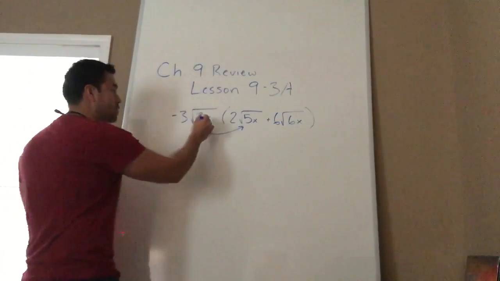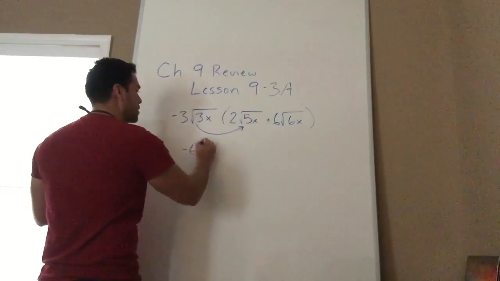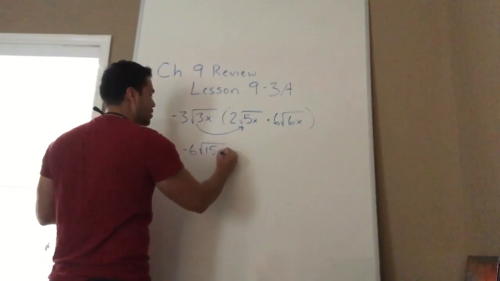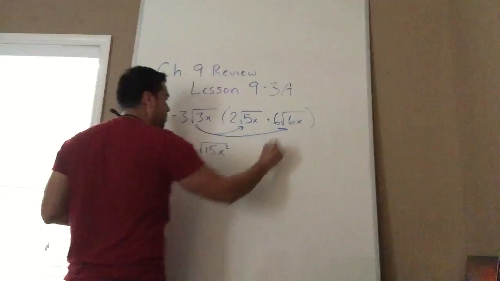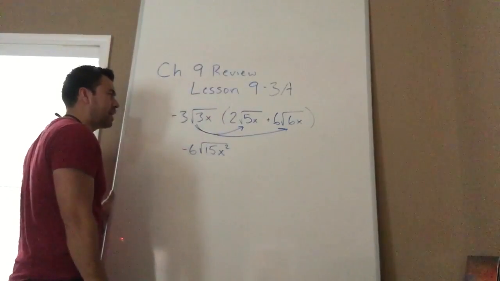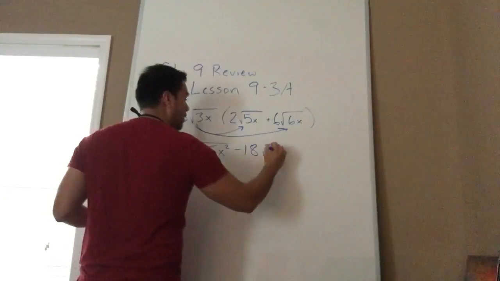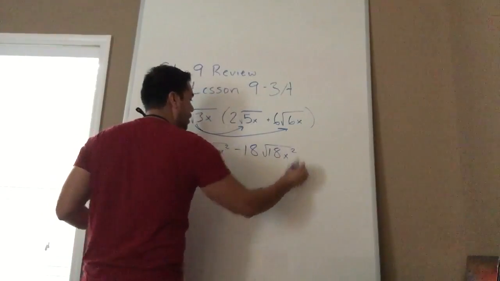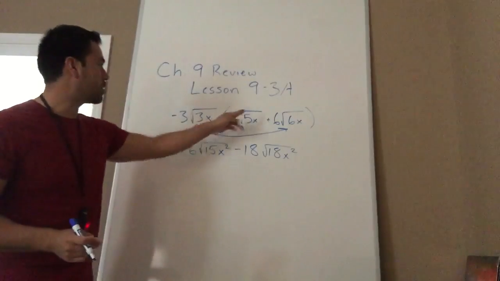And then I can also multiply the numbers inside, square root of 15x squared. I'll leave it like that for now. Then I'm going to multiply that outside term by that second term inside. That gets me -18 times the square root of 18x squared. So I just multiplied the coefficients and then also the radicals themselves.